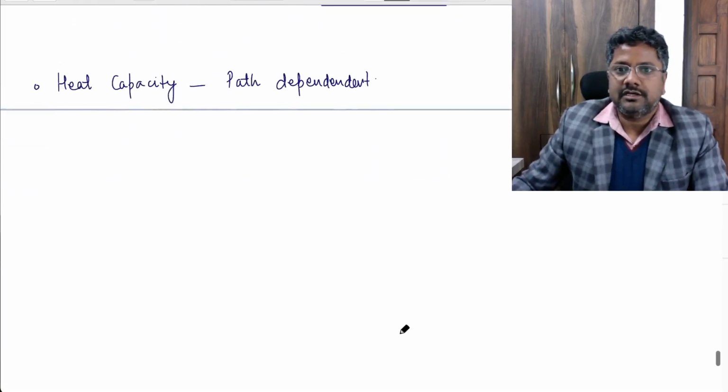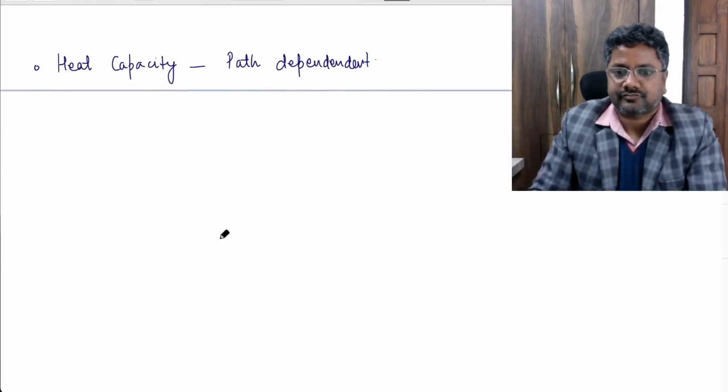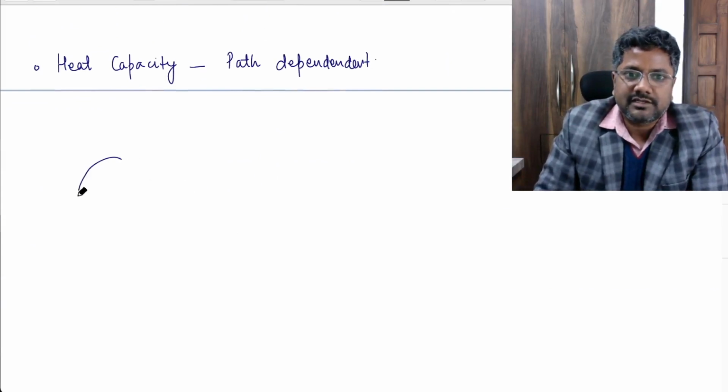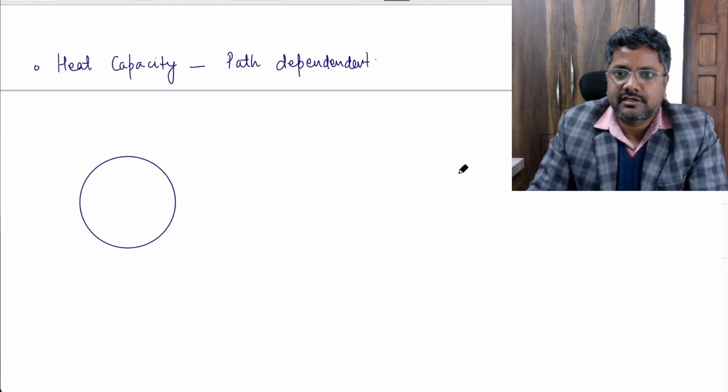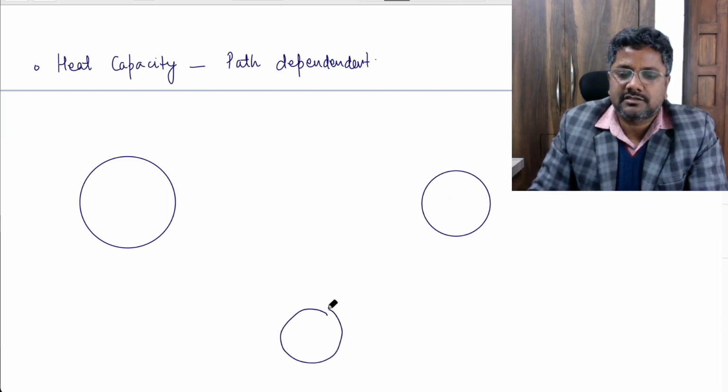So if we see, suppose that this is one state, this is another state, and this is another state.